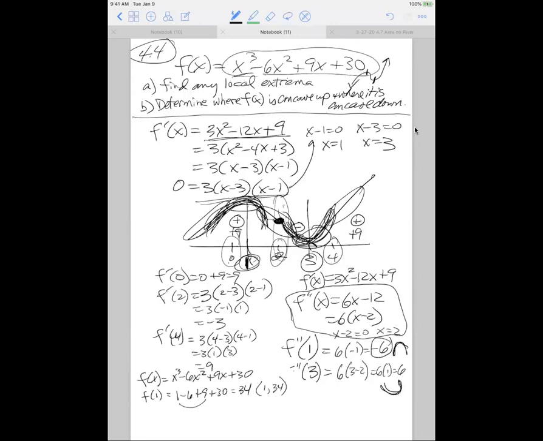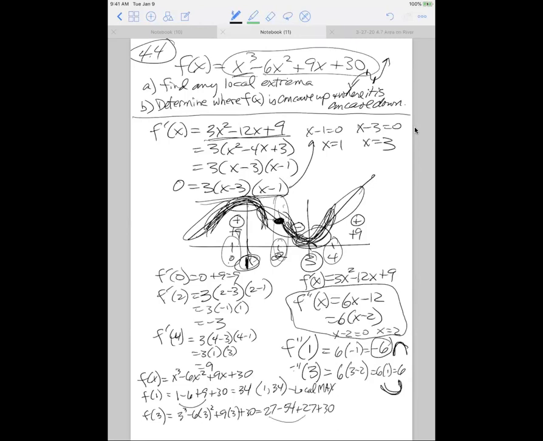And that's a local extrema. So this is the local max. This is the answer to part A. And then at f of 3, we get the other, which is going to be the local min. We get 3 cubed minus 6 times 3 squared plus 9 times 3 plus 30, which is equal to 27 minus 54 plus 27 plus 30.